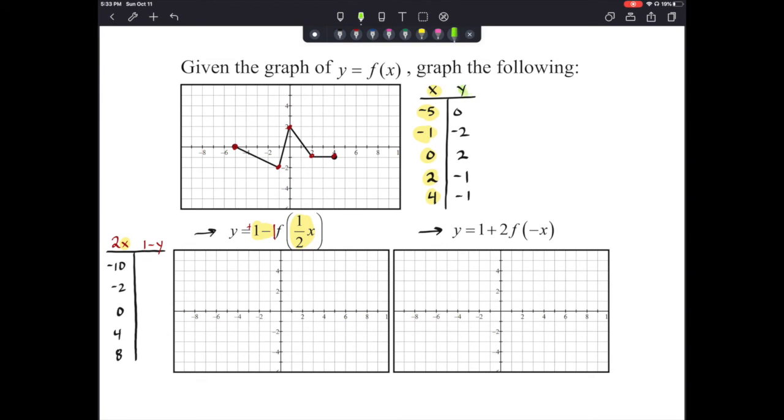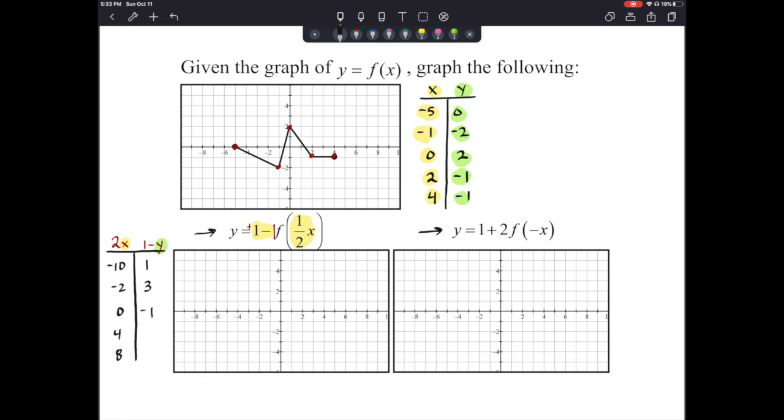And now let's deal with the y's. We're going to take each of these y coordinates and we're going to plug them in for y here. So the first one would be 1 minus 0 is 1. The next one would be 1 minus negative 2, which would be 3. The next one would be 1 minus 2 would be negative 1.